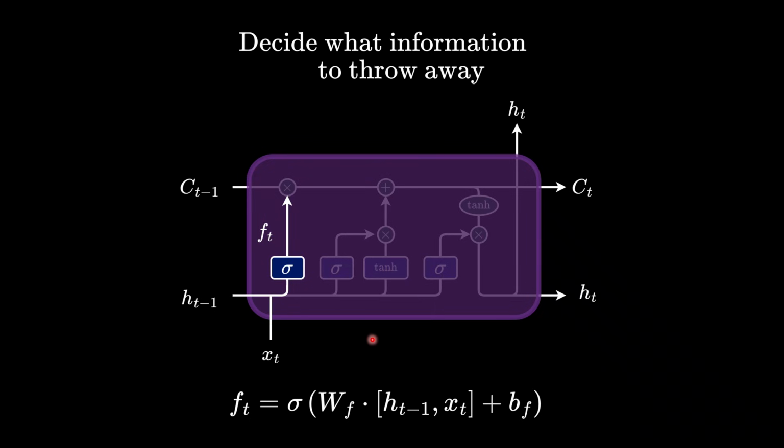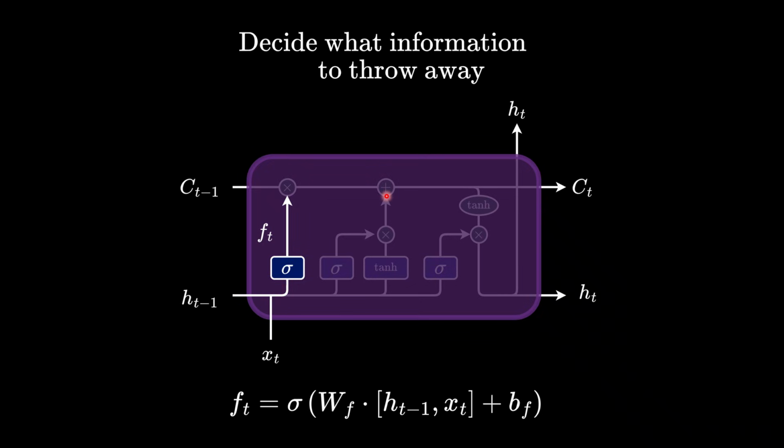Now remember, all these blue boxes you see in the diagram are just small neural networks. So we have 4 neural networks. And the circles, as you can see here, 5 circles, these represent point-wise operations like element-wise addition or multiplication.